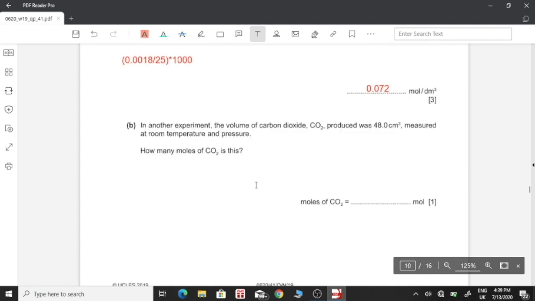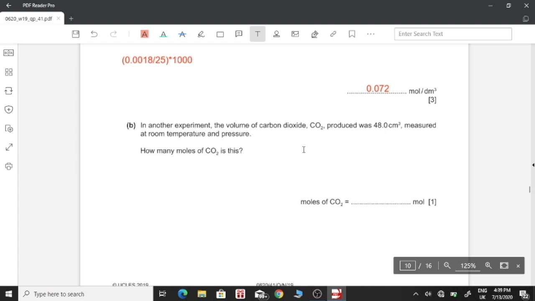B. In another experiment, the volume of carbon dioxide produced was 48 dm cube, measured at room temperature and pressure. How many moles of carbon dioxide is this? Okay, so we have the volume, and we're only supposed to divide it by the molar volume, which of any gas is 24. But here we are supposed to first convert centimeter cube into dm cube.